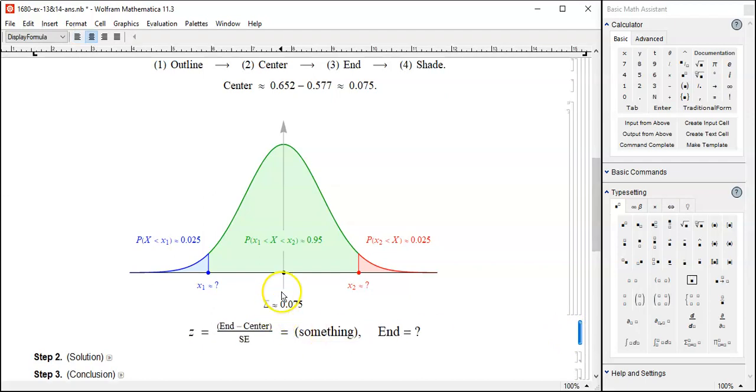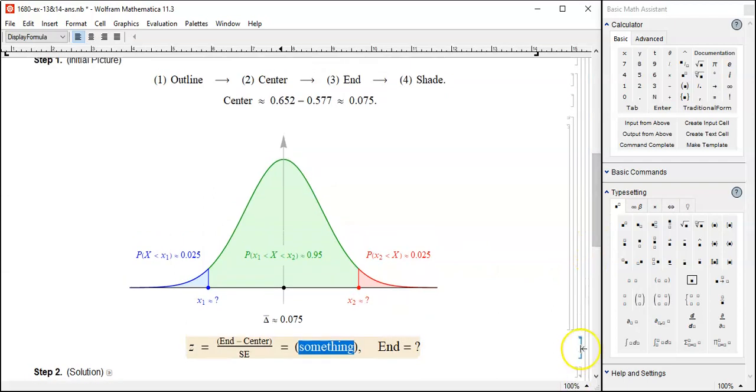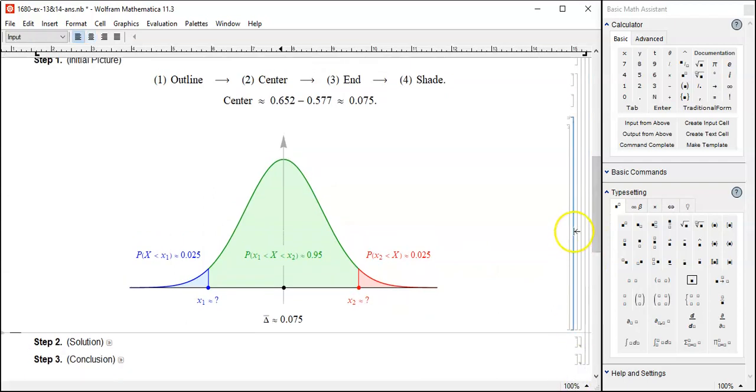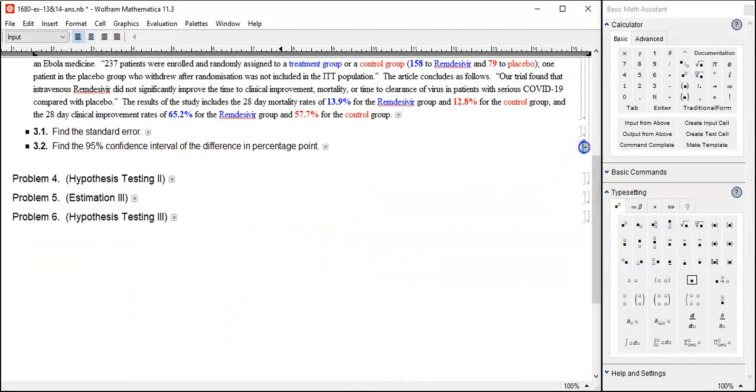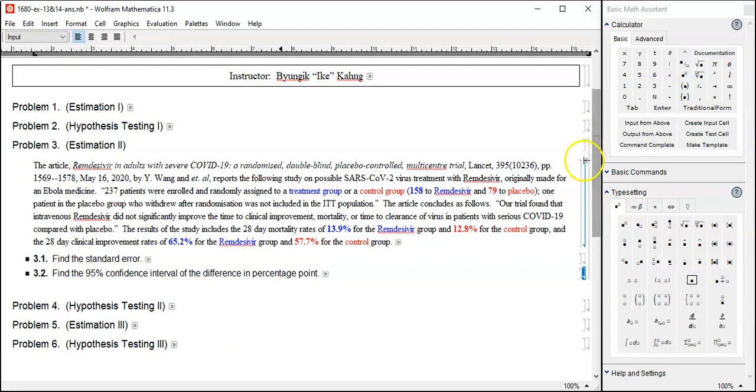And the center, of course, is the 7.5% point difference, 0.075. And SE you calculated before, you're looking for the end. And then the Z-score is something you'll have to figure out from this situation. I'll stop here. Okay, that concludes hints on problem 3.